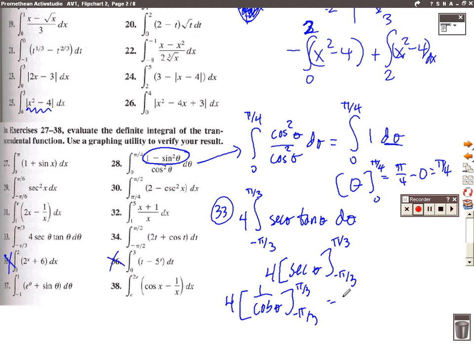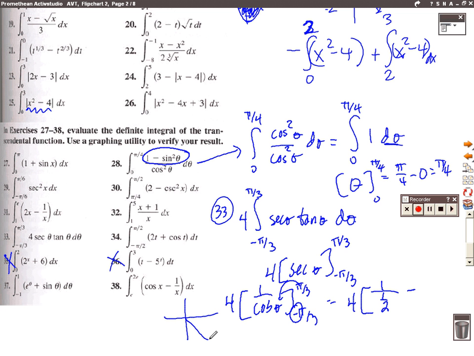That's going to be 4 times 1 over the cosine of pi over 3. Pi over 3 is 60 degrees, and the cosine of 60 degrees is 1/2. So 1 over 1/2 minus negative pi over 3 is in the 4th quadrant, and cosines are still positive there.